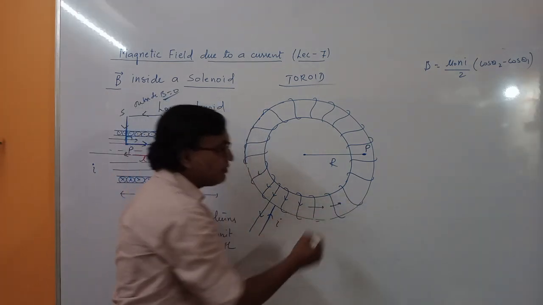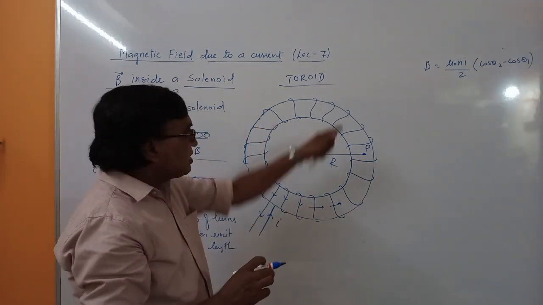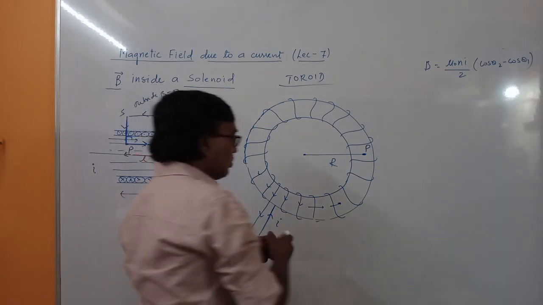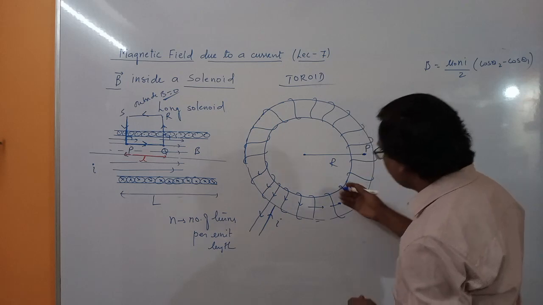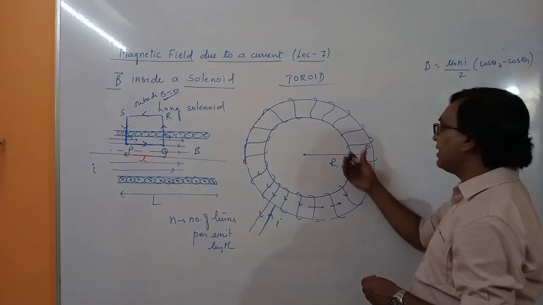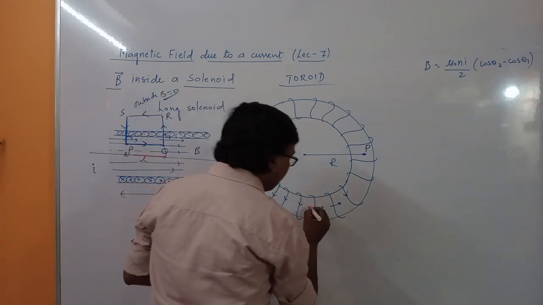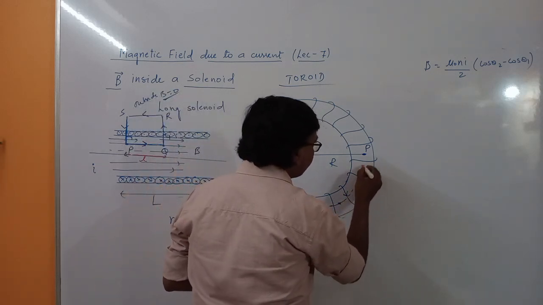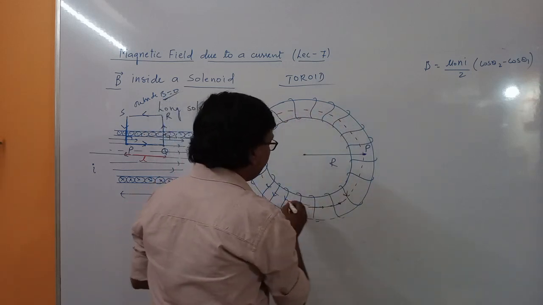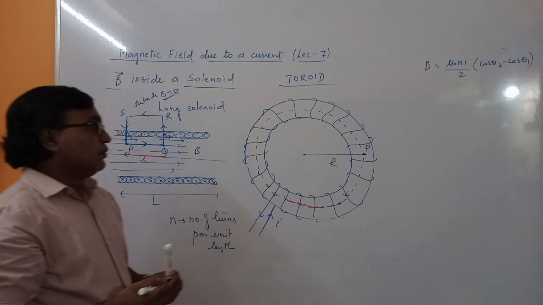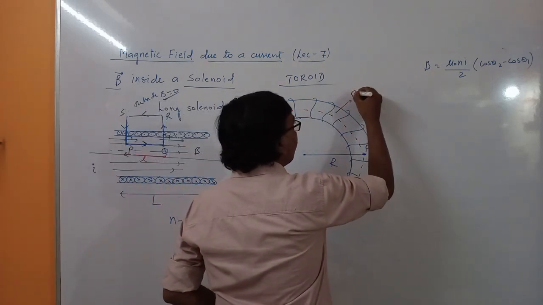Here the magnetic field will be along this direction. Now if you draw, then the magnetic field will be circular in this loop. So here also current is coming out. So the magnetic field direction will be like this. So this is the direction of magnetic field. Okay, so this is B.